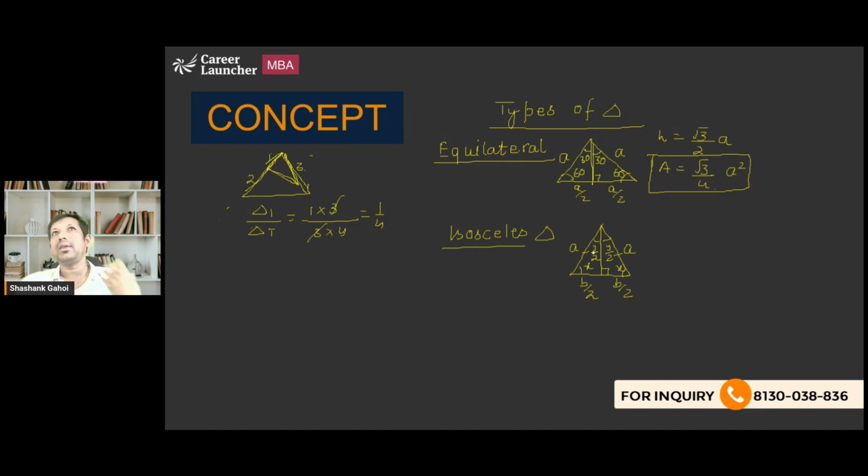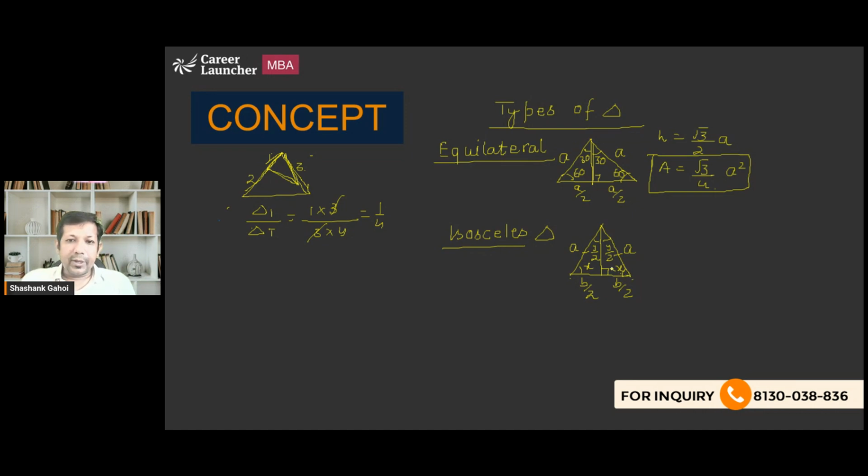Now, you might think, if this property is the same, then what is the difference between an equilateral triangle and an isosceles triangle? The difference is, in an equilateral triangle, on whichever side you draw the perpendicular, it bisects the base. But in an isosceles triangle, when you draw the perpendicular on the unequal side, it bisects the base.